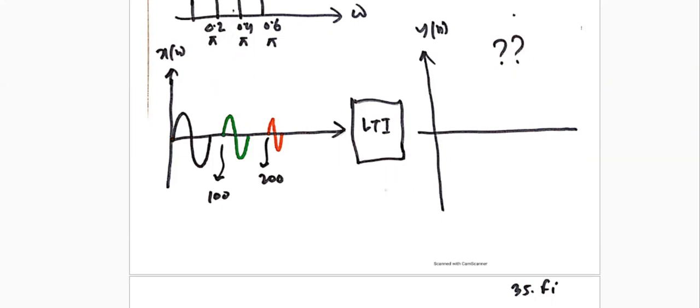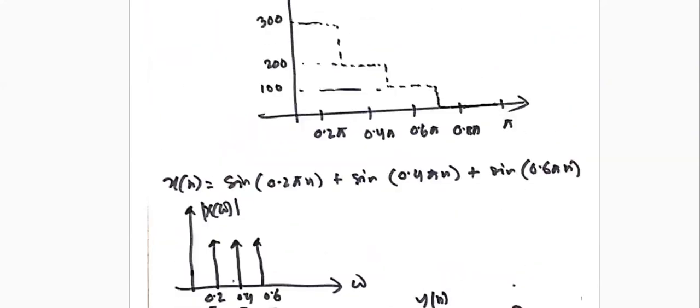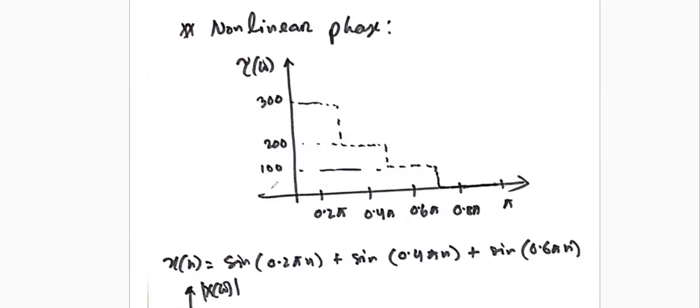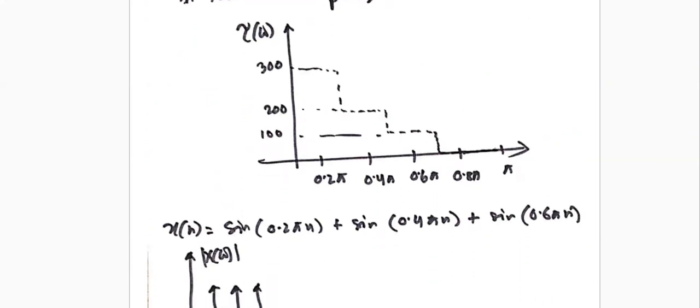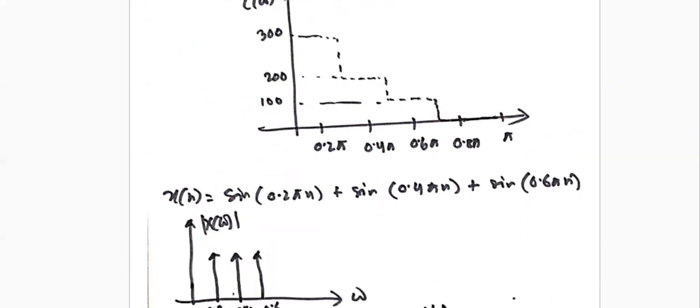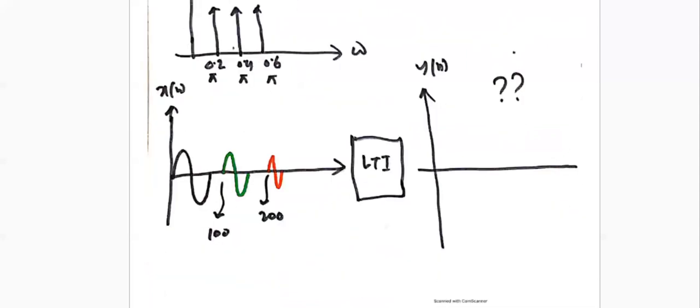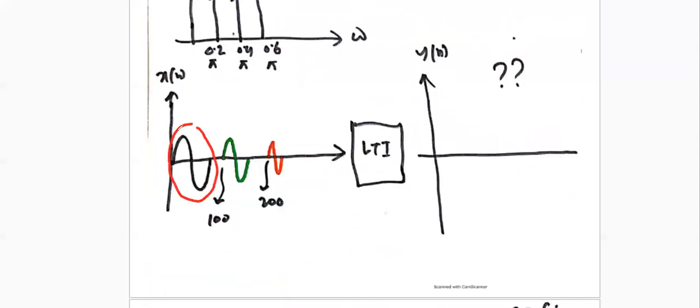Where will that start, from the group delay point of view? It will start from 100. What is the delay for the 0.2 pi signal? 300. Yes, this signal will be delayed by 300, and after that it will start. So then what will happen?